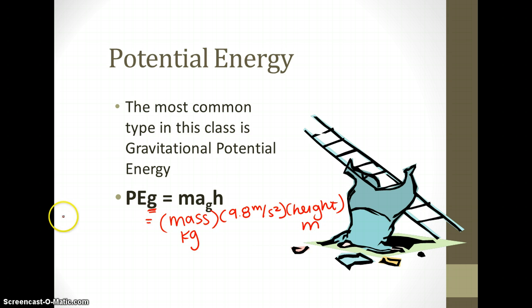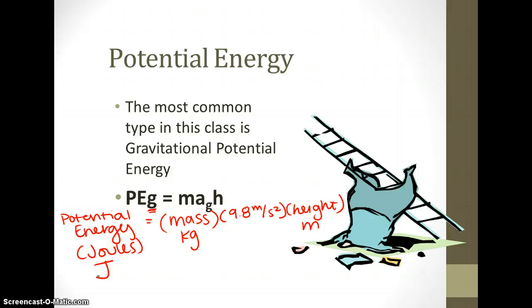This is measured in joules, abbreviated with a capital J. Anytime an object has height over another object, it has more energy. It has more ability to do work.